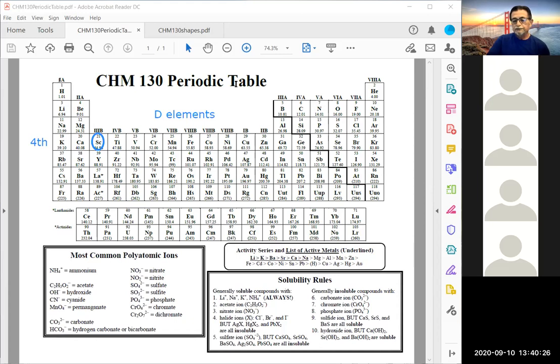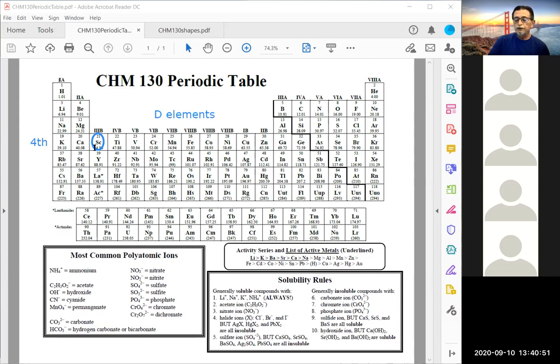And you would think, since we're going to number 21, that it would be 4d. Well, what happens is that the d orbitals for number 21 don't actually begin on the 4th energy level. They are one energy level in from where the element is at. And so really we start with 3d with number 21.